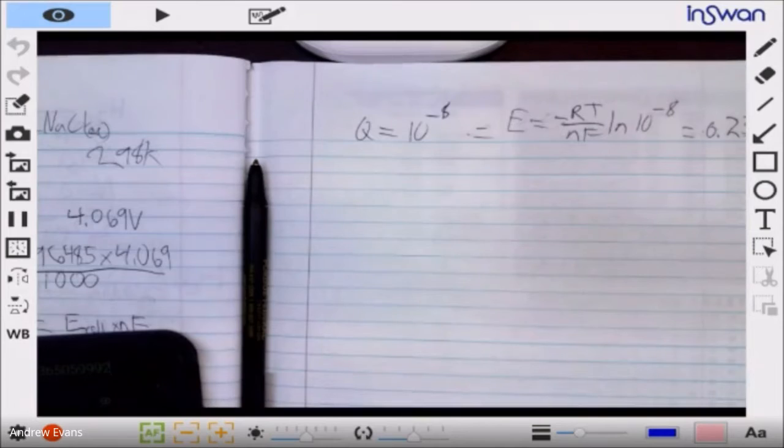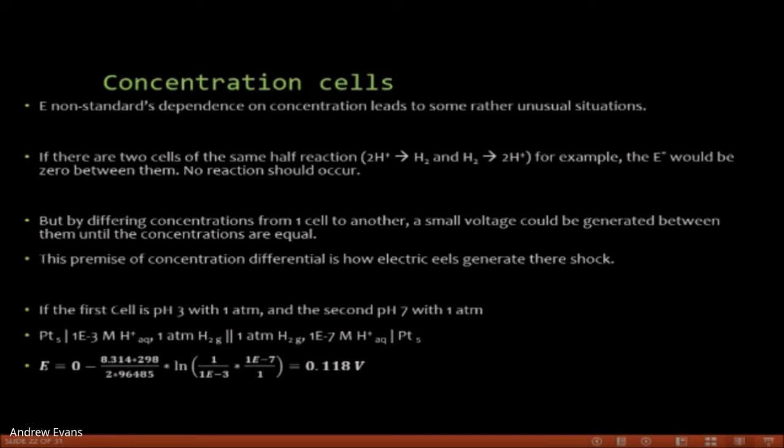So I've actually calculated that wrong on the slide. But 0.236 volts may not seem like much, but it can be a rather nasty shock. I mean, it's not incredibly spontaneous, but it is going to be enough to do some damage.